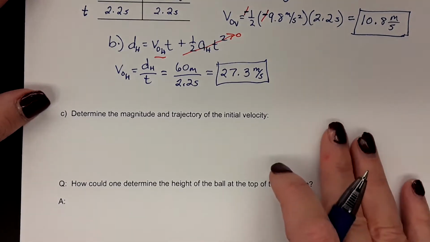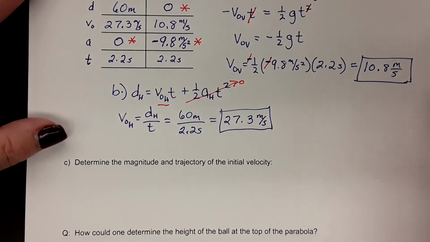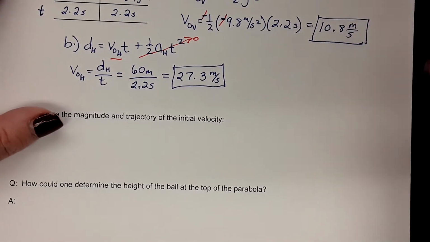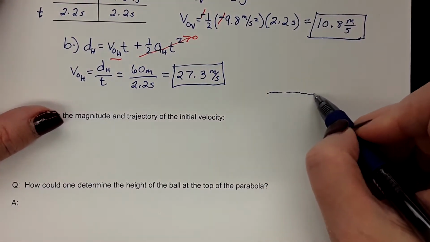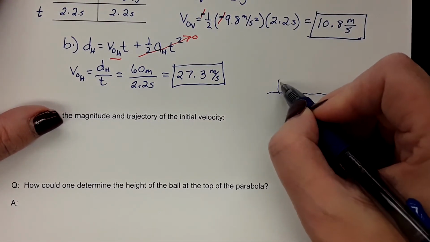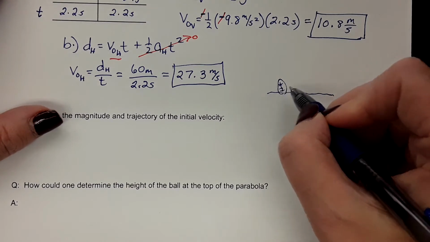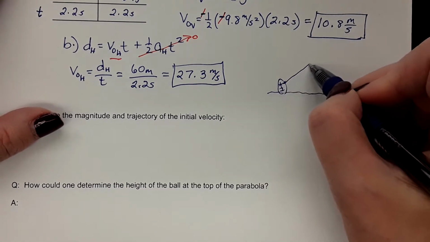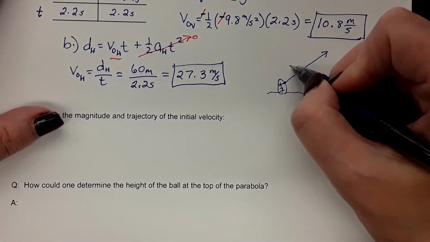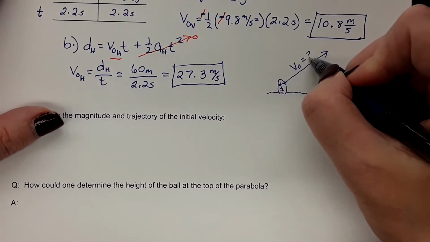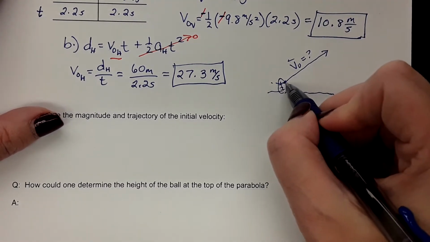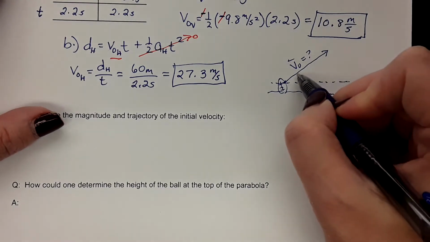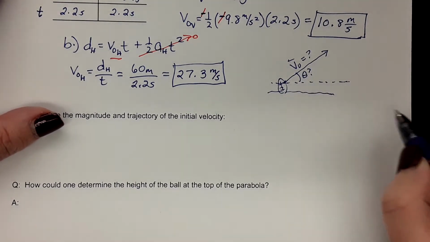Okay, well, they are talking about this right here. I'm going to draw a little picture. Here's the ground, here's the football, and when it leaves the kicker's foot, it has this initial velocity. And it has, because we have to have direction too, this angle of trajectory.